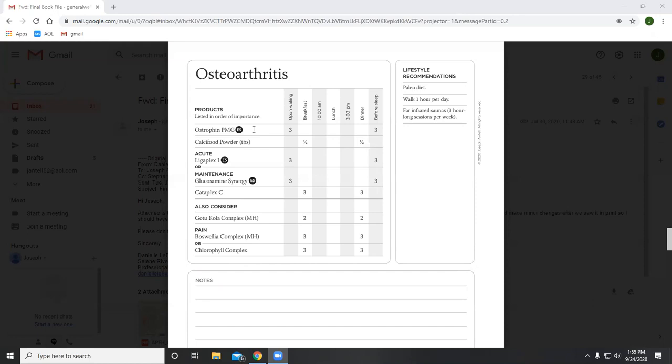You can't make collagen without those 22 amino acids. This is how important proteins are. This is how important calcifood powder is. Now, we looked at it in another way for osteoporosis and osteopenia, but you've got to have this product.